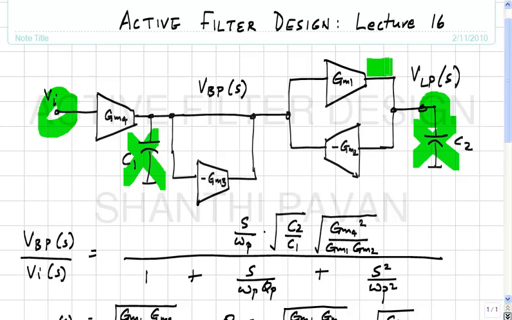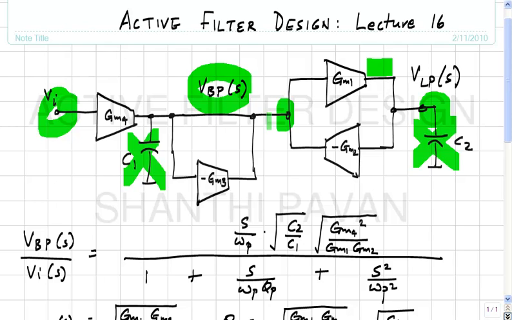If the current through C2 is 0 because C2 is an open circuit, then the current that flows through GM1 must also be 0, which must in turn mean that its voltage should be 0. This also makes sense from another point of view. We know that VBP of S is a band pass response, so at DC its voltage must be 0.